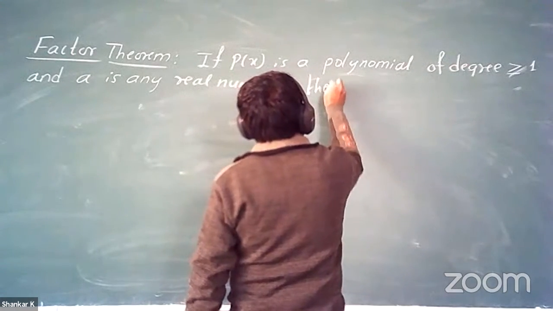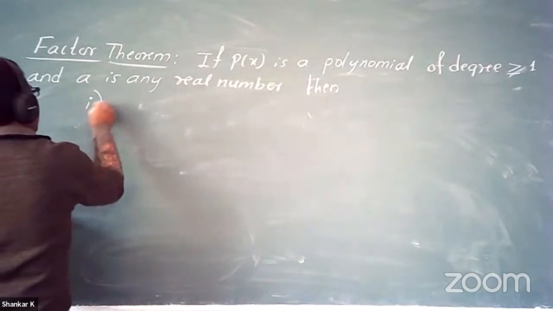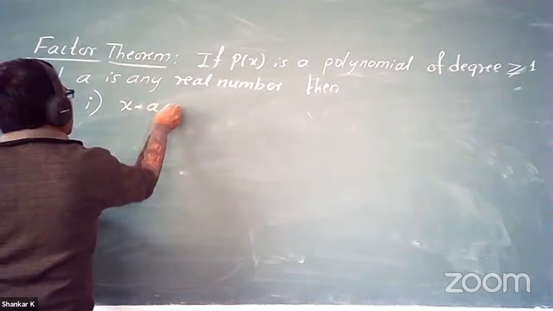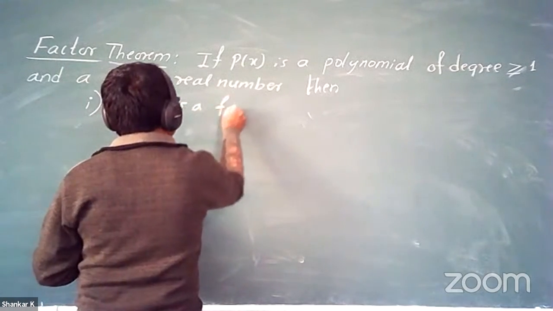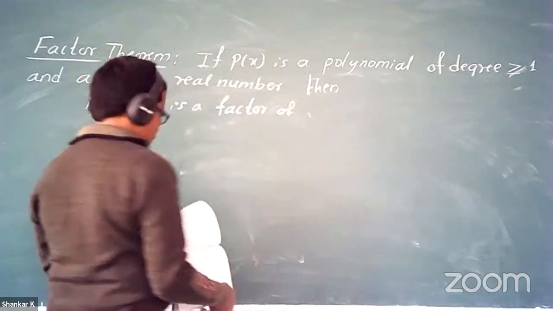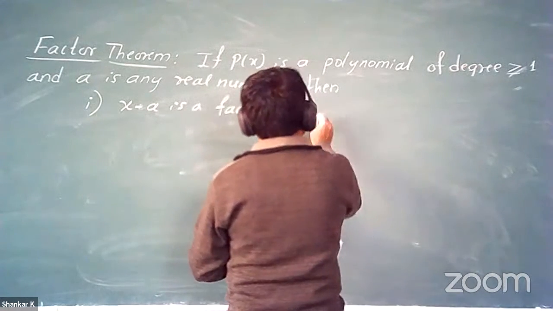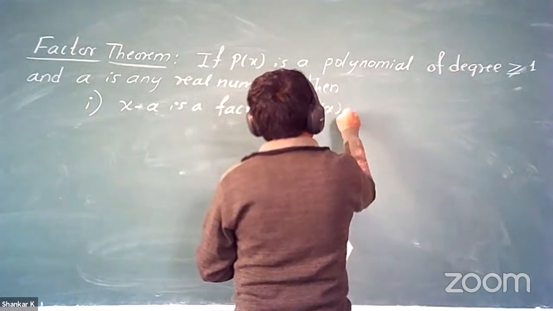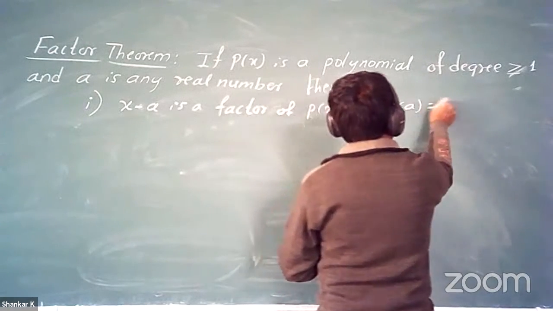Then two points are given. First one, x minus a is a factor of P of x if P of a is 0.